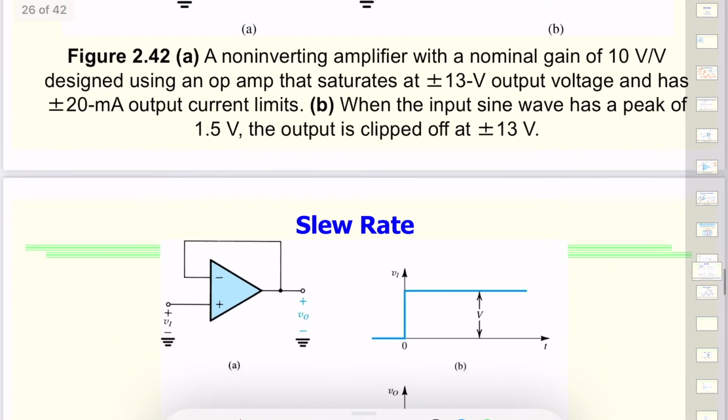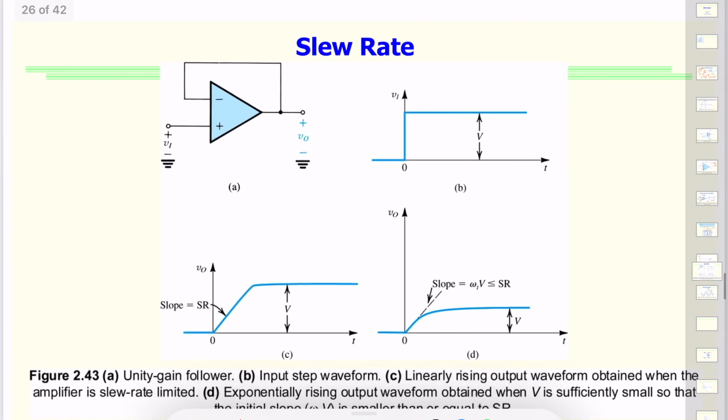Another imperfection is called slew rate. It's a nonlinear distortion. It's the specific maximum rate of change that is possible for the output of a real amplifier. So we would write it as slew rate equals dV output with respect to time.